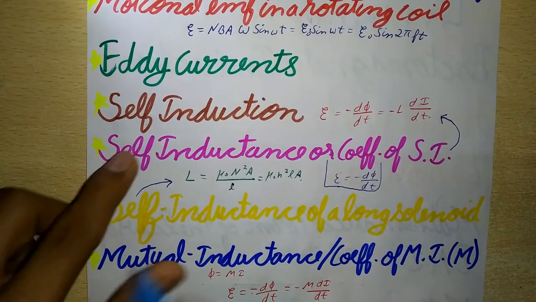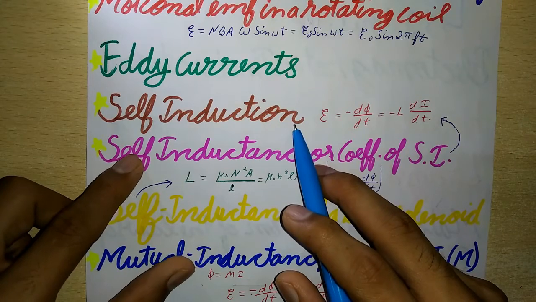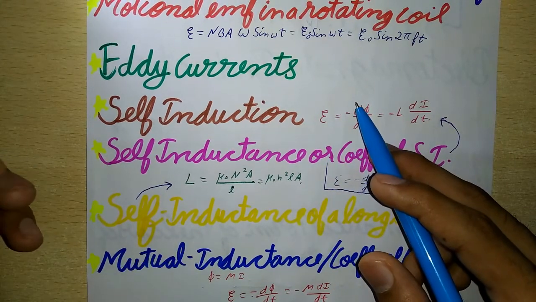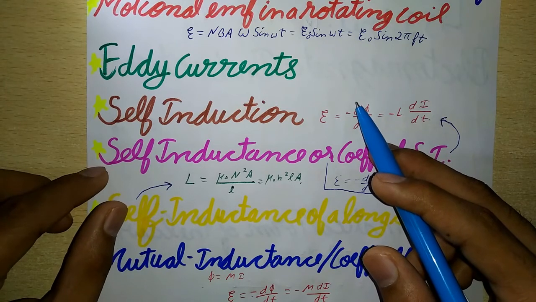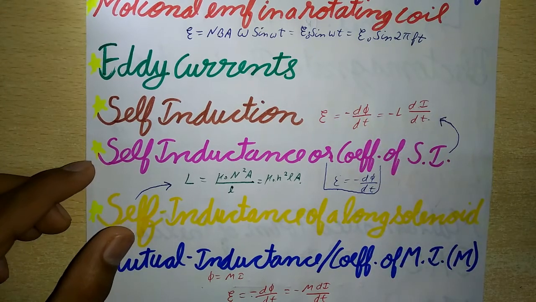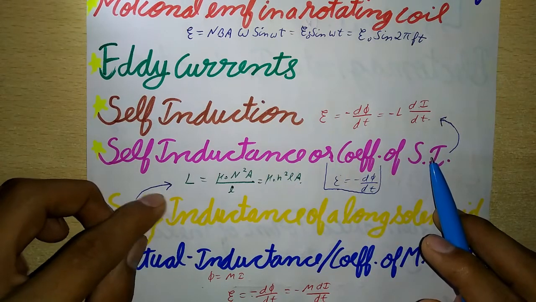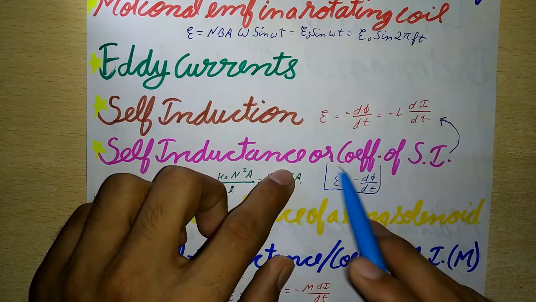Now self-induction. It is the phenomenon of production of induced EMF in the coil when a changing current passes through it. Now next is self-inductance or coefficient of self-inductance. This is the expression you can see here.